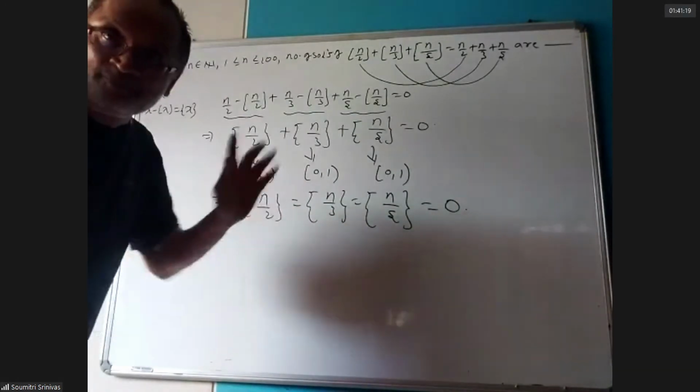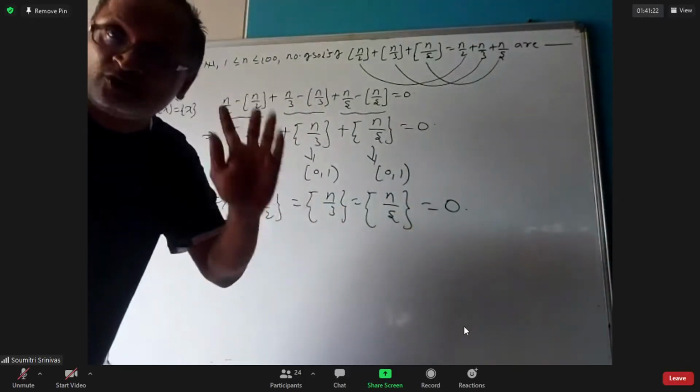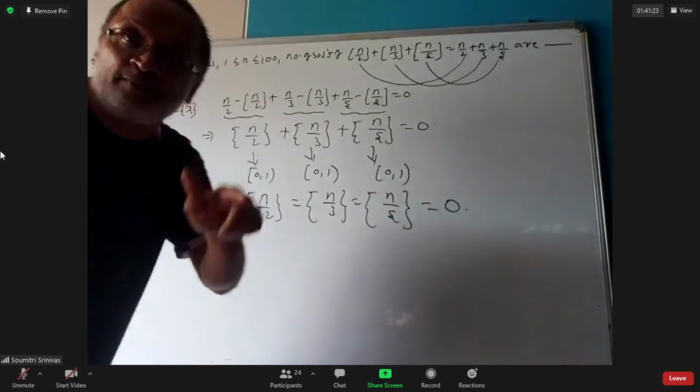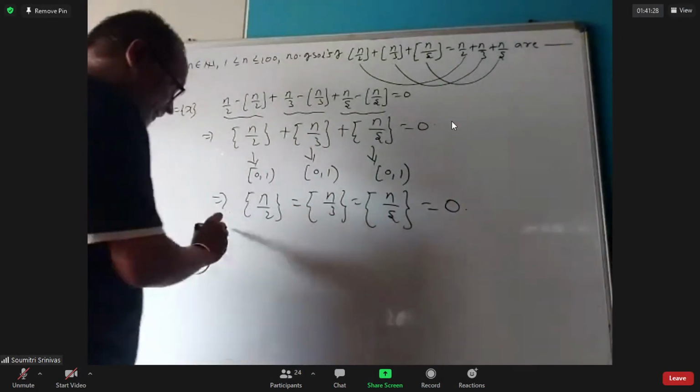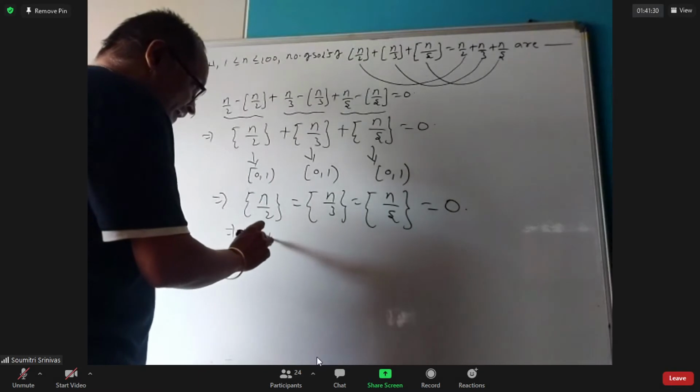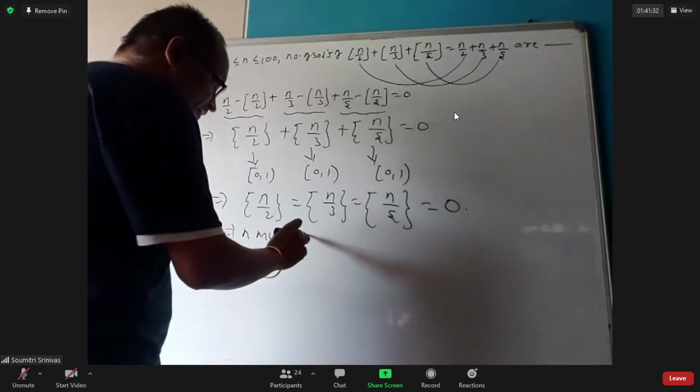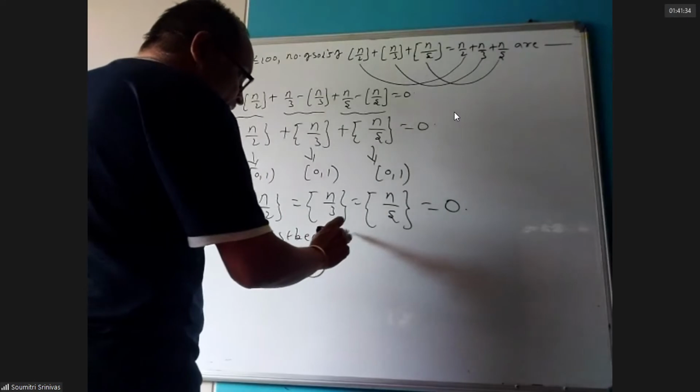N should be a natural number which is a multiple of 2, 3, 5. That implies 30. N must be 30, 60, 90.